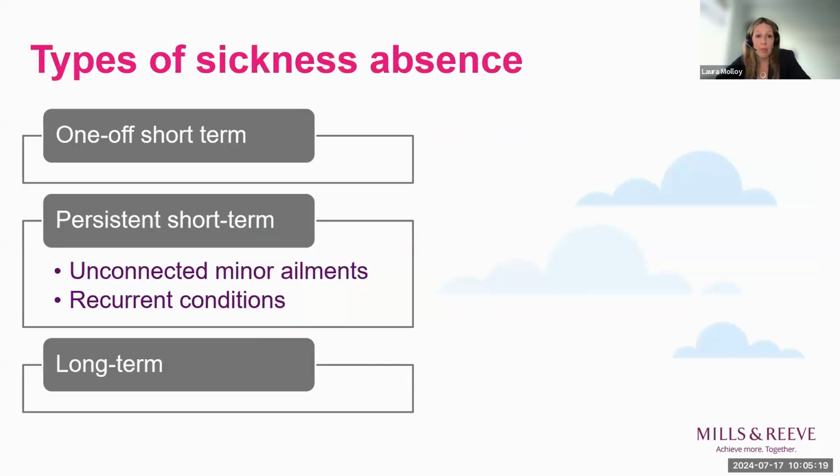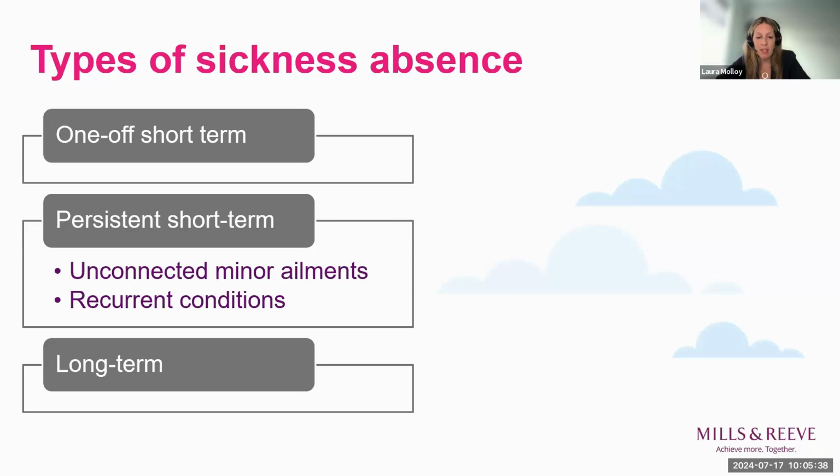So what are the types of sickness absence that you might encounter as employers or people managing employees? Firstly, you've got your more typical one-off short-term sickness absences. These might be a day or two, for a headache, a sore throat, that sort of thing.